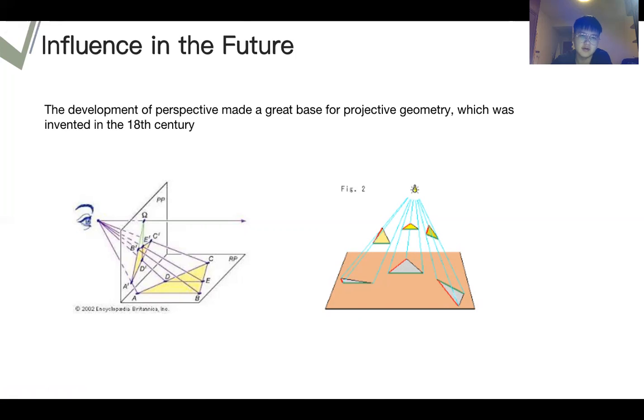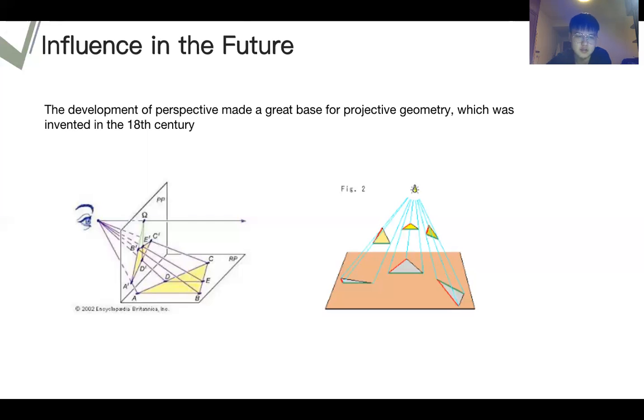According to our reality experience, the triangle on the PP plane, which is the vertical plane, might be the real triangle. And the triangle on the RP plane might be the projective triangle.